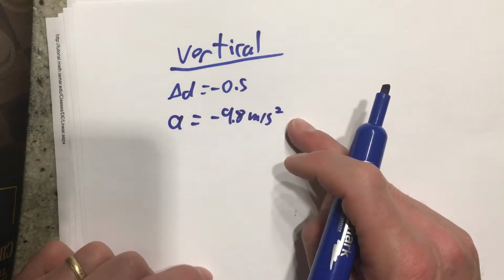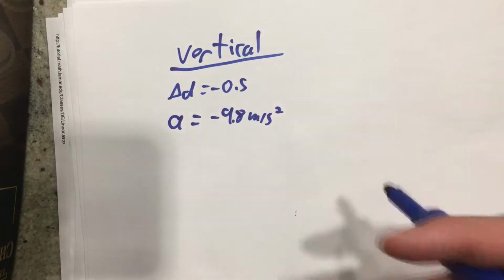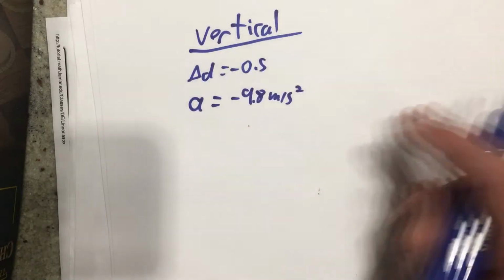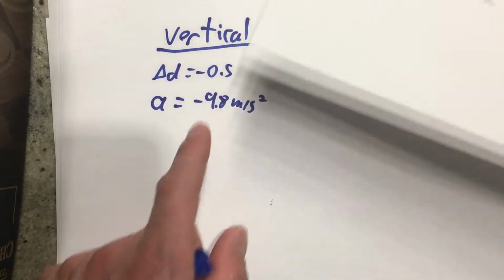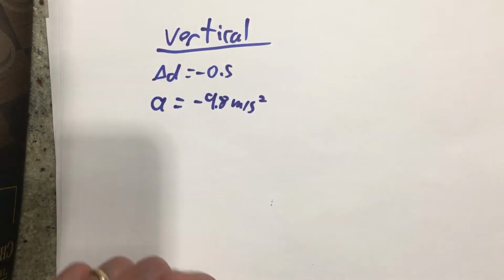Later on, when we study gravity, you'll learn that near the Earth's surface, if you look at the way gravity works in conjunction with Newton's second law, all objects accelerate towards the ground at a rate of 9.8 meters per second squared. That's why this is a negative, because we're assuming here that up is positive and down is negative.